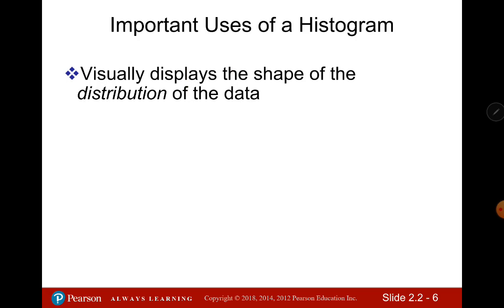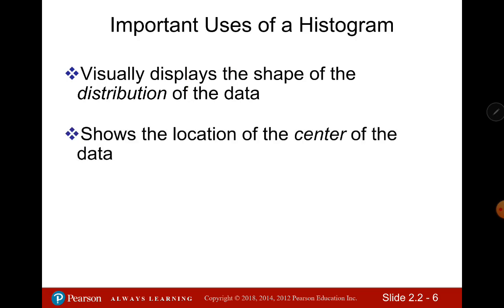On this page, we will talk about the important uses of a histogram. First, since it's a graph, it visually displays the distribution of the data. We can see the shape, and we can also see the center of the data, right?